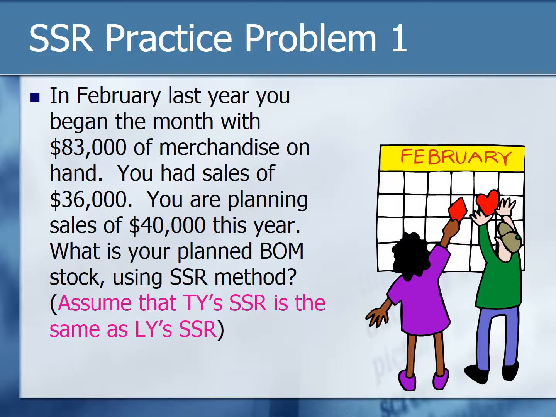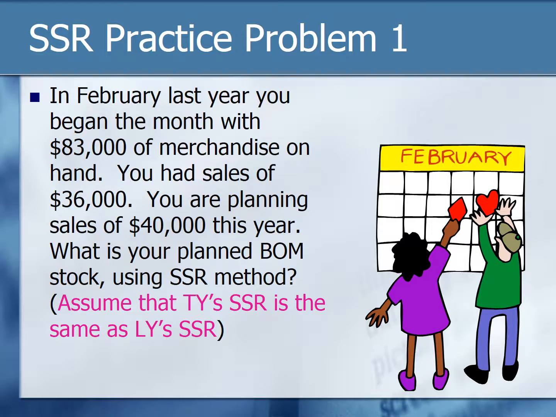Now for this year, you are planning sales of $40,000. Now you also want to plan your BOM stock for this year using the SSR method. If you can assume that this year's SSR will be the same as last year's SSR, then what will be the level of planned BOM stock for February this year?